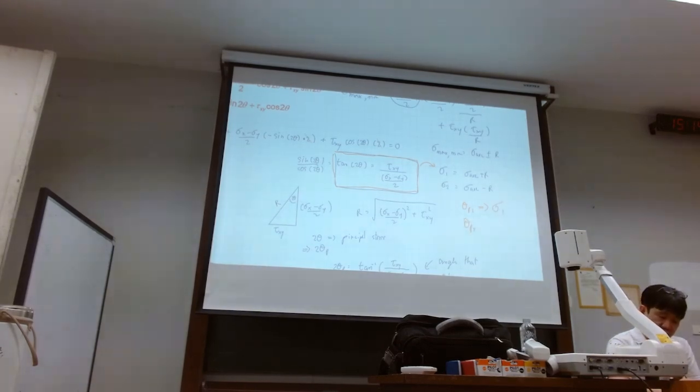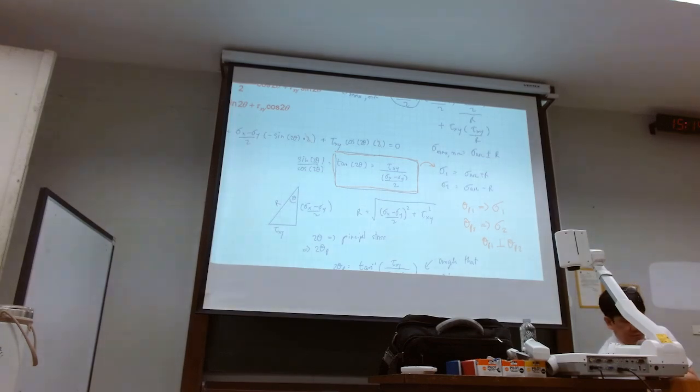Theta P2 will give you sigma 2. And theta P1 is actually perpendicular to theta P2. That's the relationships that you get. They're 90 degrees apart.